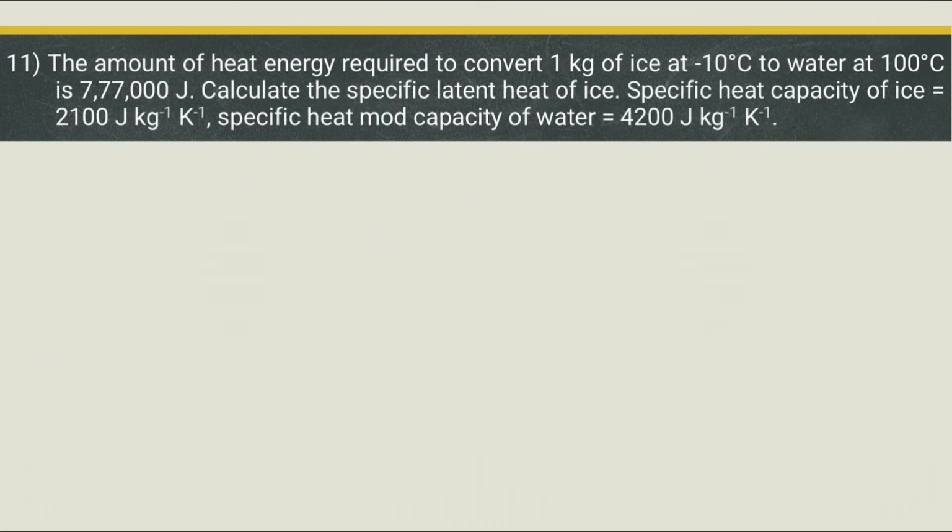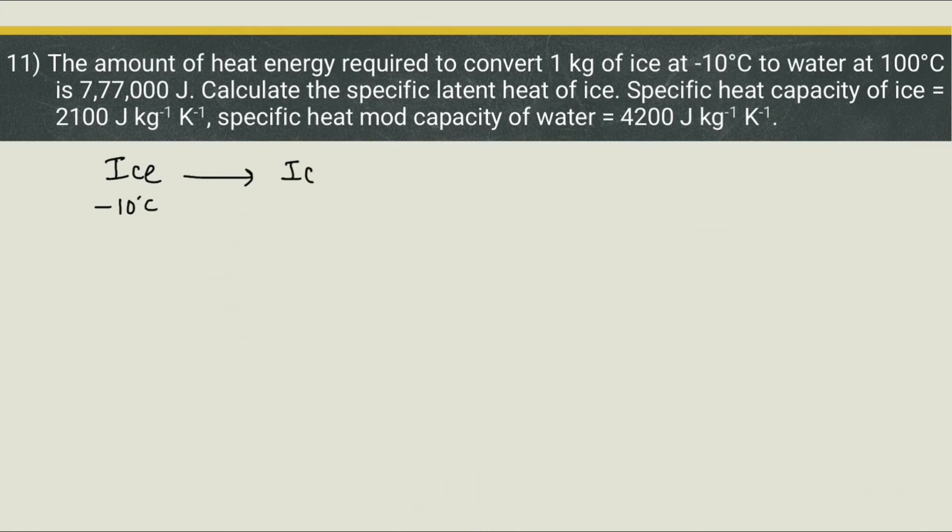Next question. The amount of heat energy required to convert 1 kg of ice at -10 to water at 100 is 777,000 joule. Calculate the specific latent heat of ice. So once again, it is the same as the previous question, right? Ice at -10 degrees Celsius.